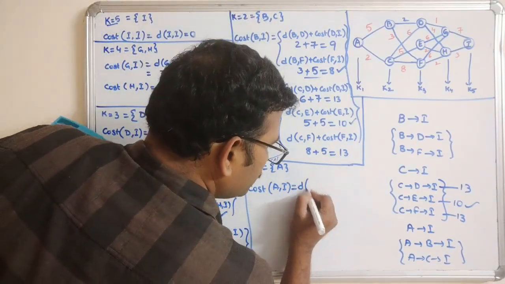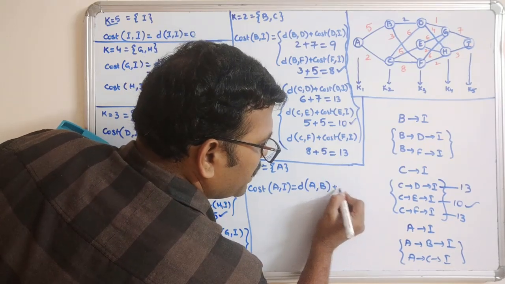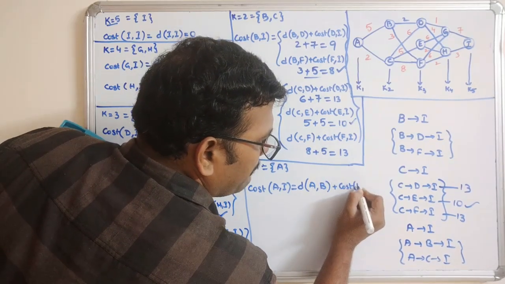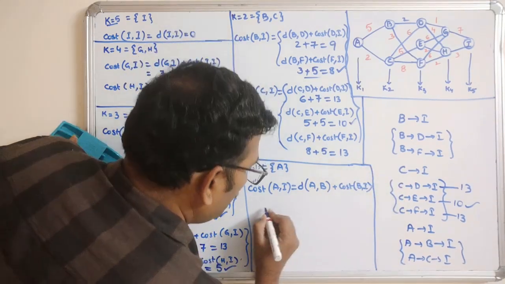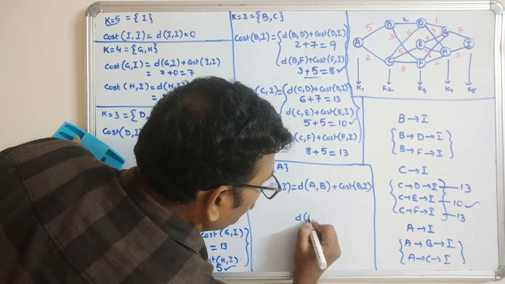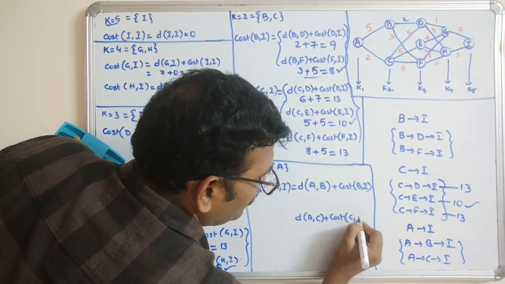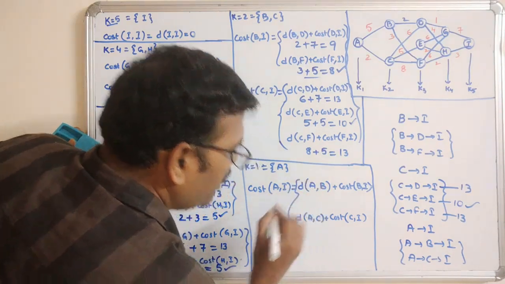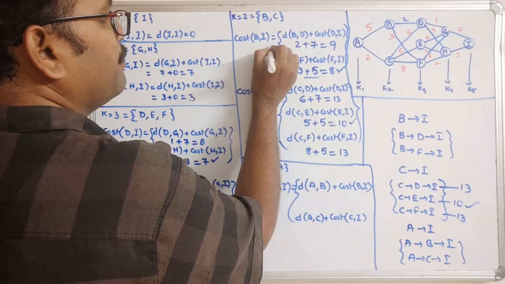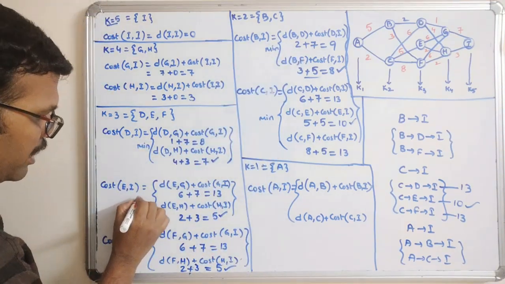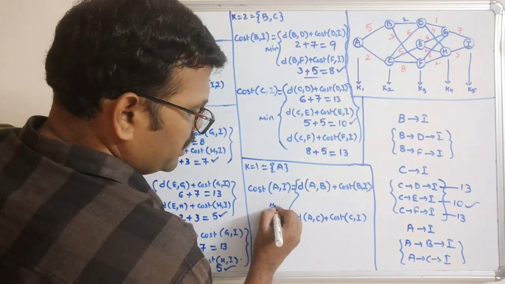The distance of A to B plus the cost of B to I, and similarly the distance of A to C plus the cost of C to I. Among these two, we have to select the minimum. So I am writing here minimum, because we need to select only the minimum value.